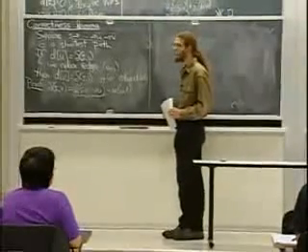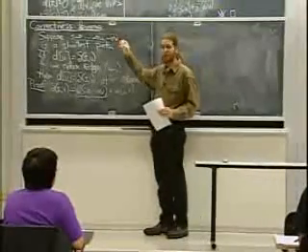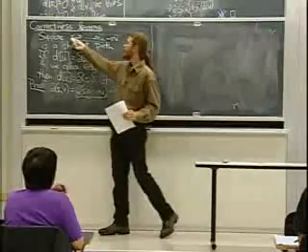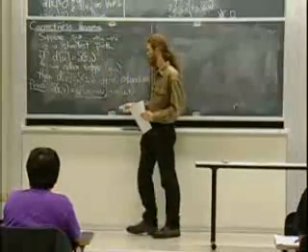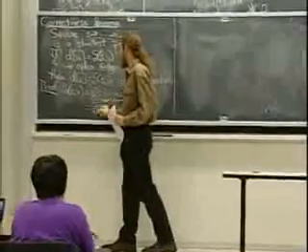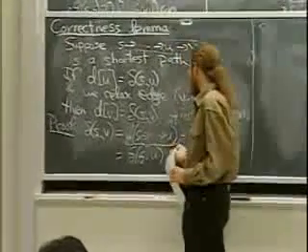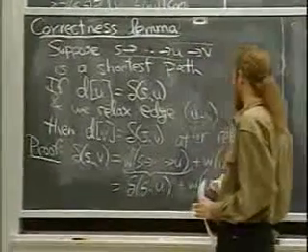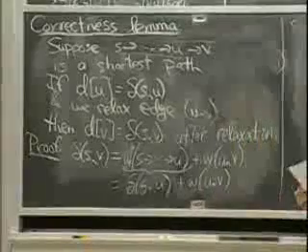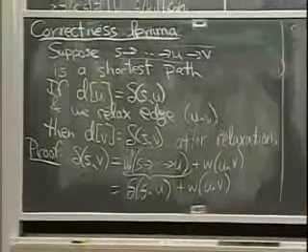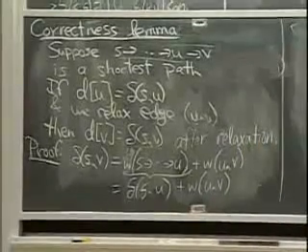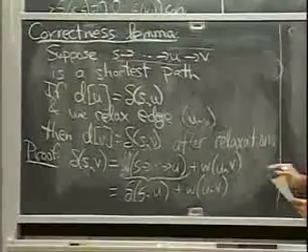So it has to be the optimal subpath. S to V is the shortest path, so by optimal substructure, S to U is also a shortest path. So this is delta of s comma u. Cool. We'll hold on for now. That's all we're going to say.